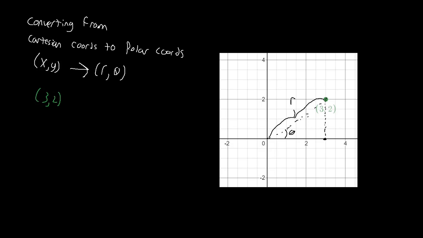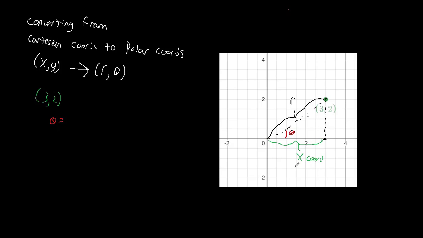Okay, so let's talk about theta first. Well, what is theta? Well, let's see, what do we have here? We know a couple things. We happen to know that the length of this line right here is going to be the same as the x coordinate.